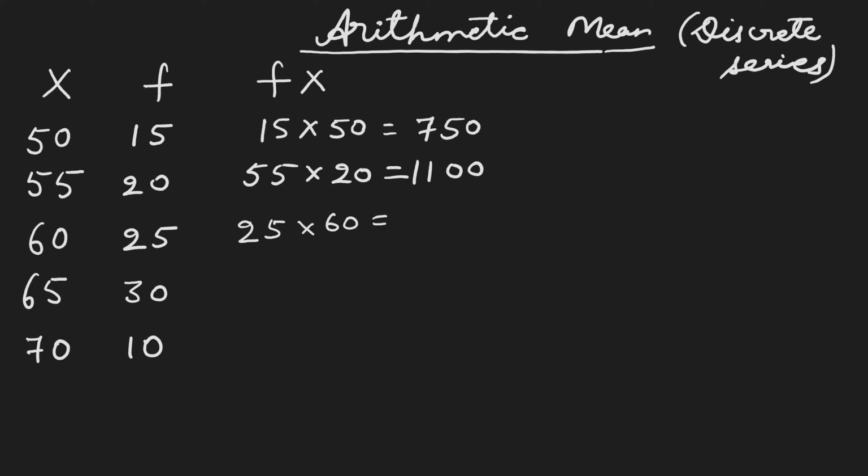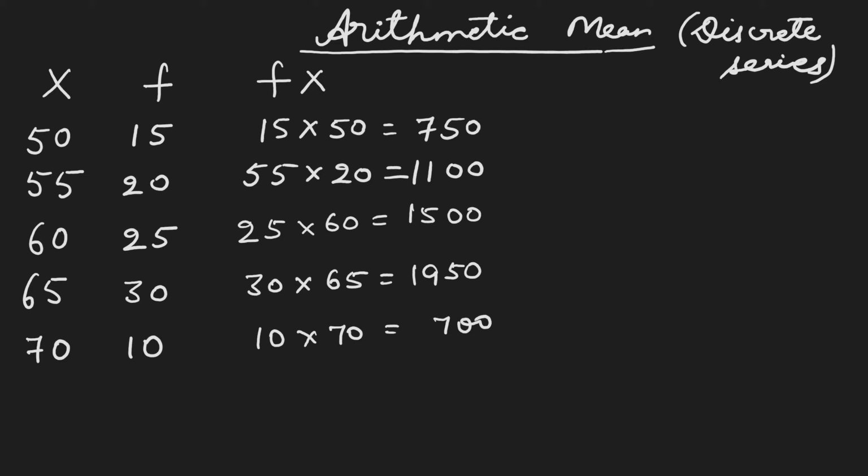The result will be 1500. Then next is 30 multiplied by 65, and the answer will be 1950. Then next is 10 multiplied by 70, that will be 700.